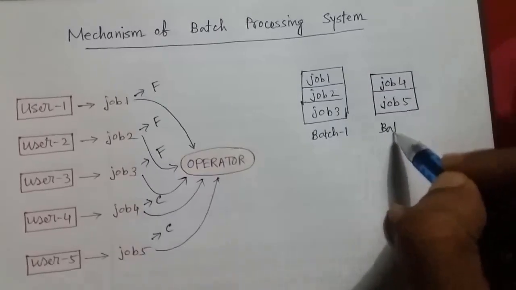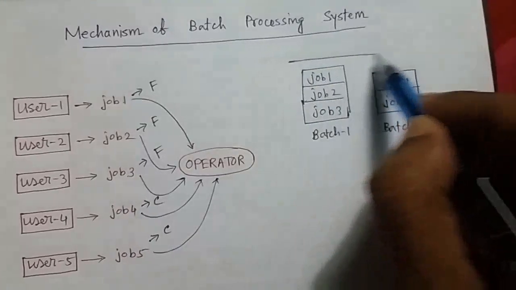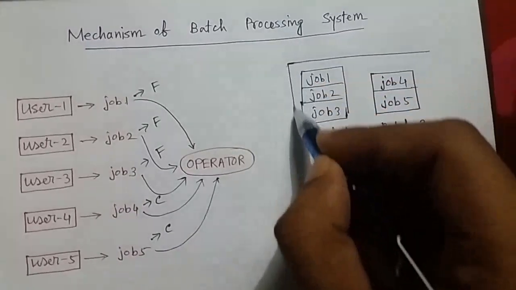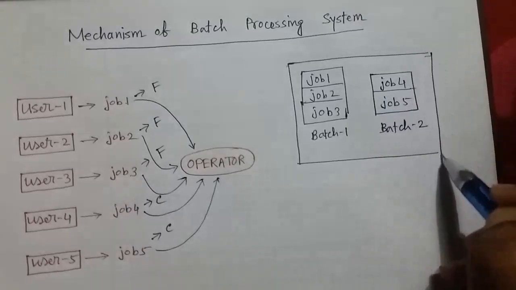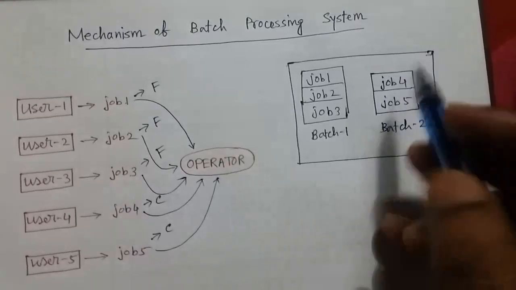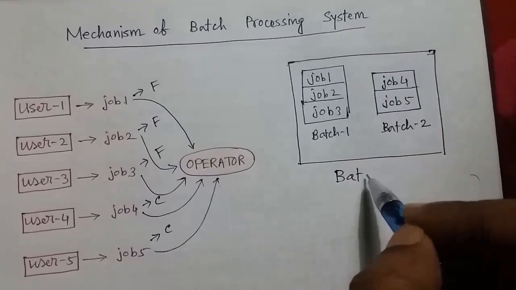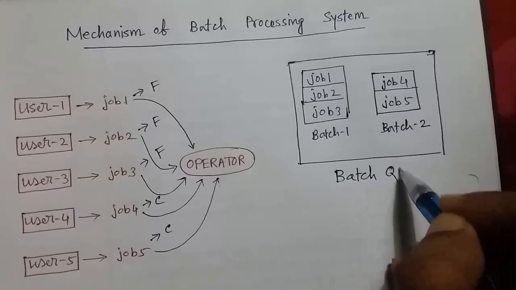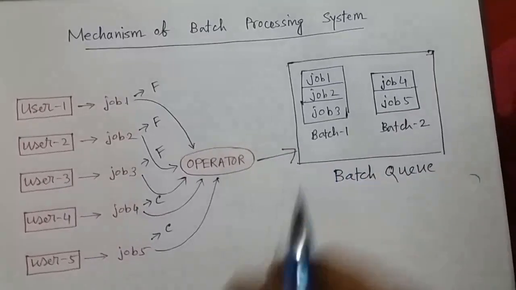So this is batch 2. So a job queue is formed by the operator. So this one we can tell as a job queue, not batch queue. Batch queue. So this batch queue is formed by the operator.